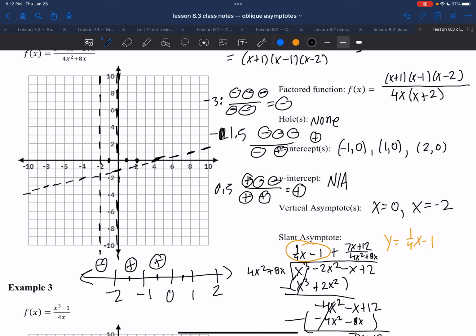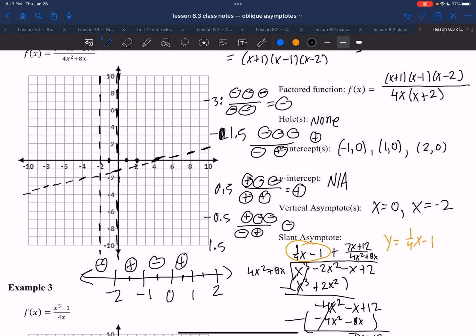I tested 0.5. So that one's positive. Let me erase that mistake. I wanted to test -0.5. So that is positive, negative, and positive. So those signs come out to negative. Okay, so it flips.